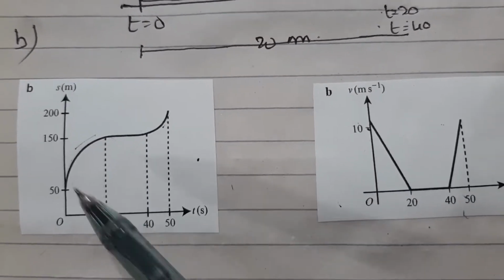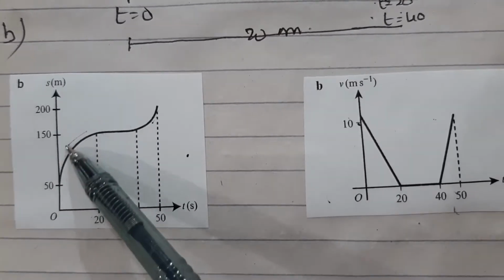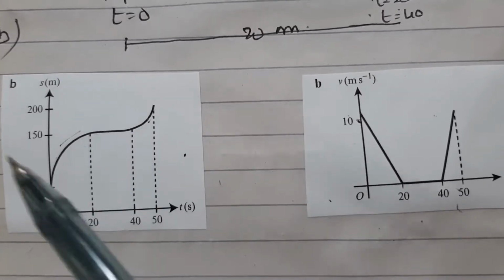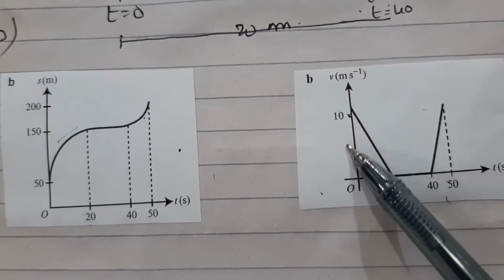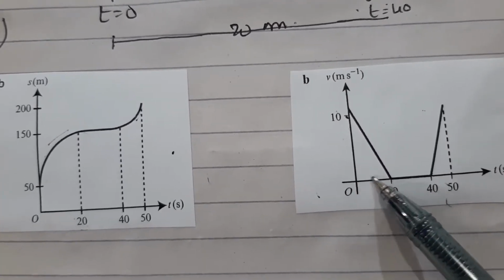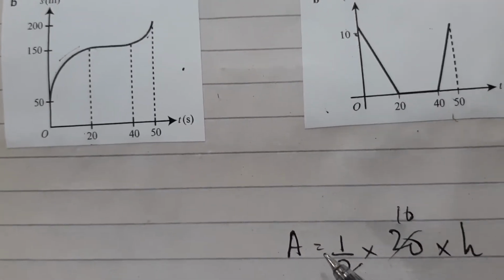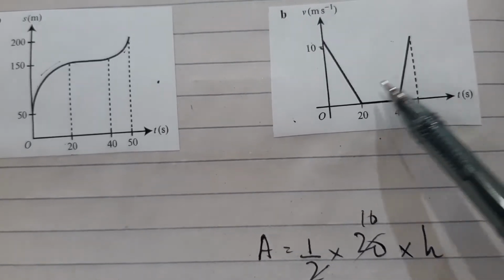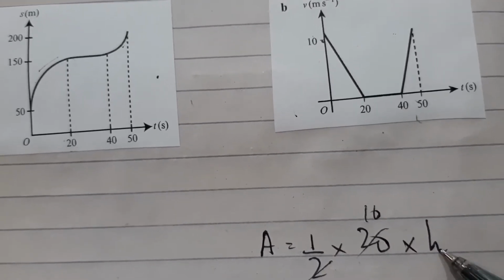Now let's see. In 20 seconds, I have covered distance from 50 to 150, which means actually 100 meters I have covered, right? So if I see here, the area under the curve in a velocity time graph gives us distance, right? This is the shape of a triangle. So if I apply the formula for a triangle, it is half into base into height. So this is 20, and suppose this I don't know at the moment, so I'm writing h here.